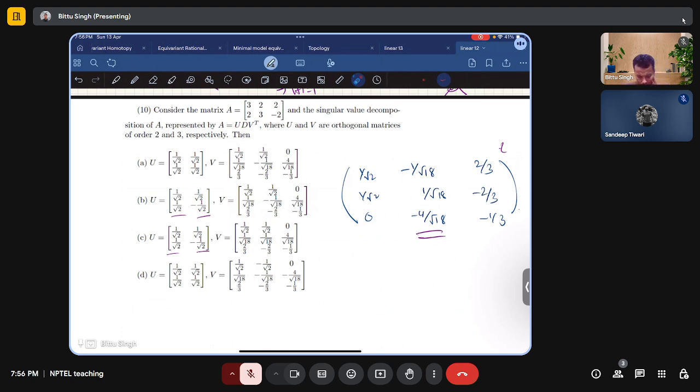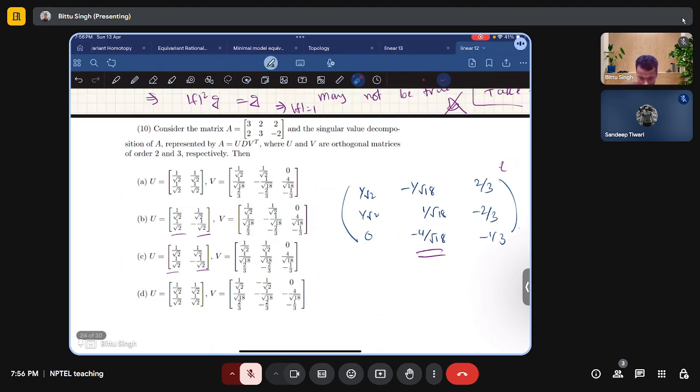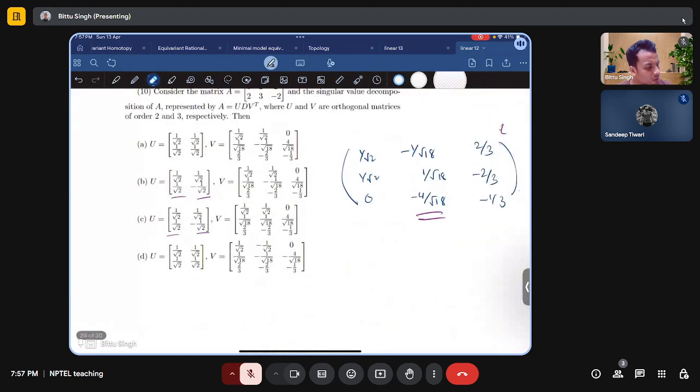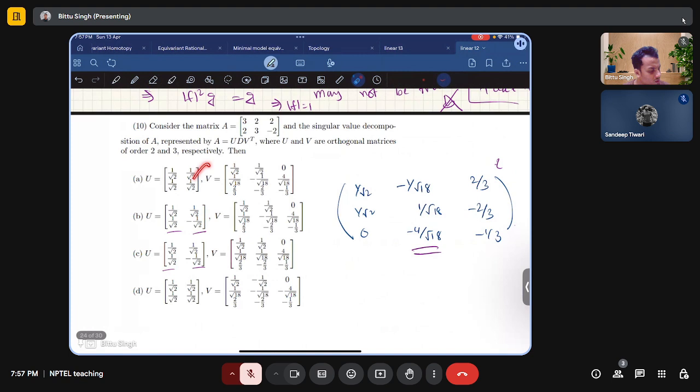Yes, it is okay. It should be that column. There is no issue. My computation is okay. Maybe it is given as V transpose. That V transpose is given.